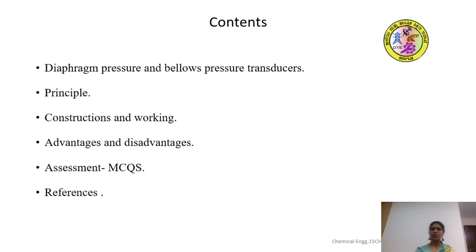In continuation with the same subject, in the last session we learned about pressure measuring devices. We learned what pressure is, the different types of pressure measuring instruments, and their classification, and also the different types of pressures.